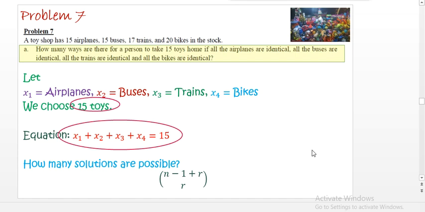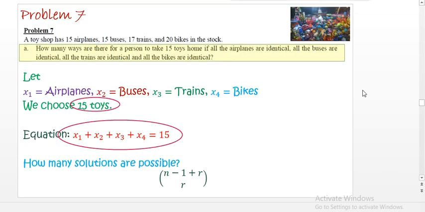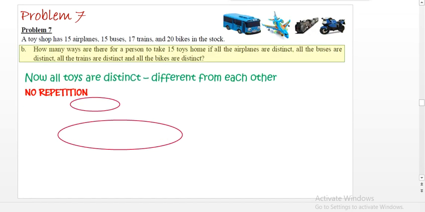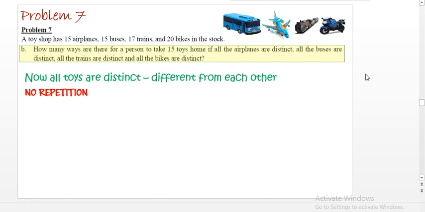How many solutions are possible? We have 4 types of toys, so n minus 1, 4 minus 1 plus r. How many toys do we have to pick? 15 toys. So we have 4 minus 1 plus 15, choose 15. That is obvious, not so hard.